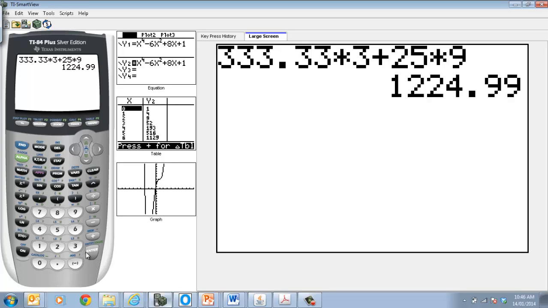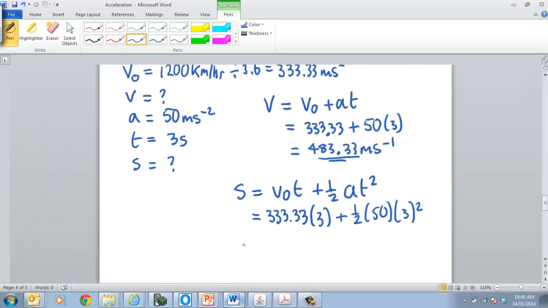So that's going to give me 1225 metres, which means that in that time it's going to travel 1.225 kilometres. So in 3 seconds it's travelling a fair way, isn't it?